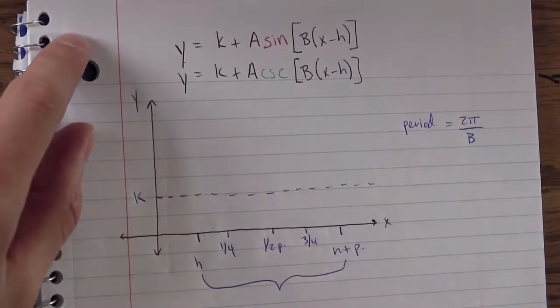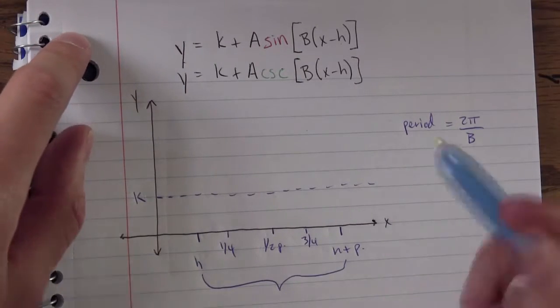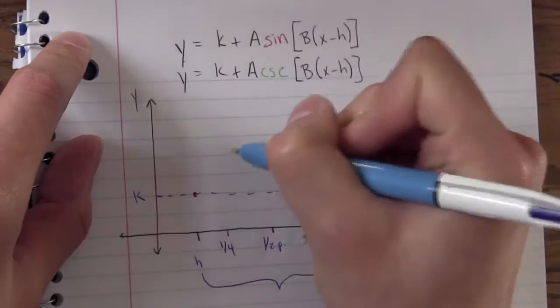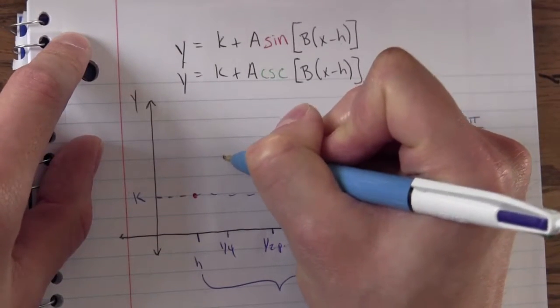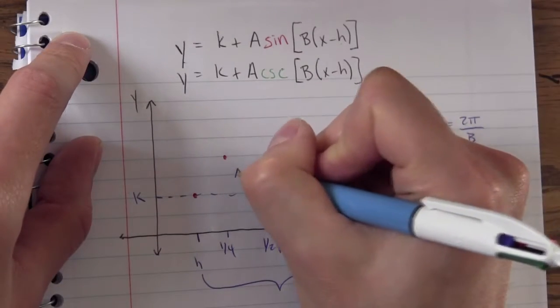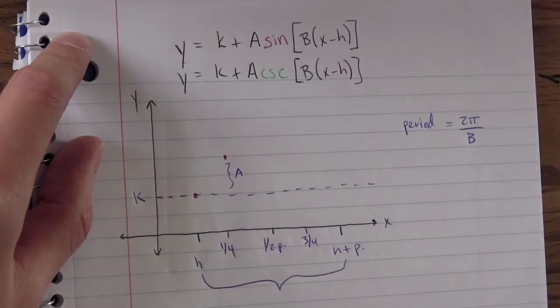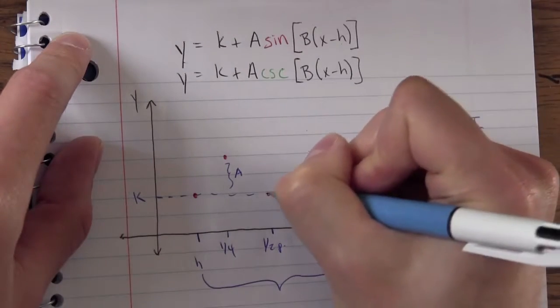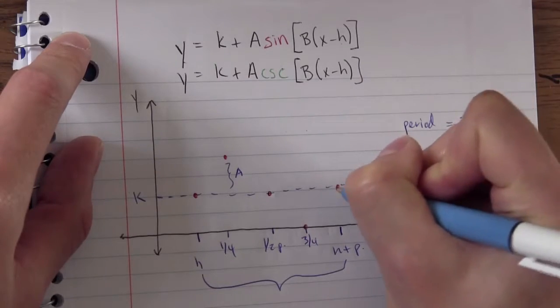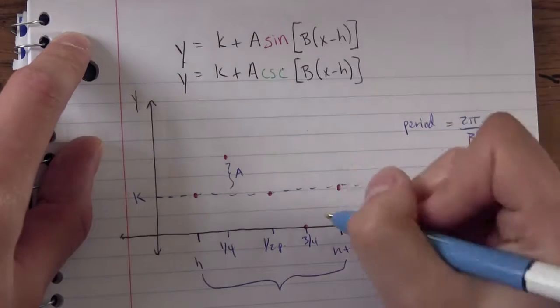Now at this point, if you're graphing sine, the general pattern is you plop a point at 0, a point that is 1 amplitude up, another point at 0, then a point at 1 amplitude down, and then another point at 0.